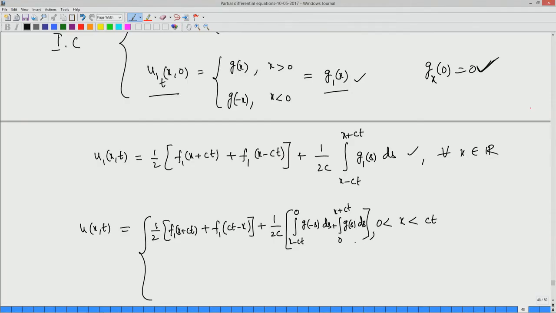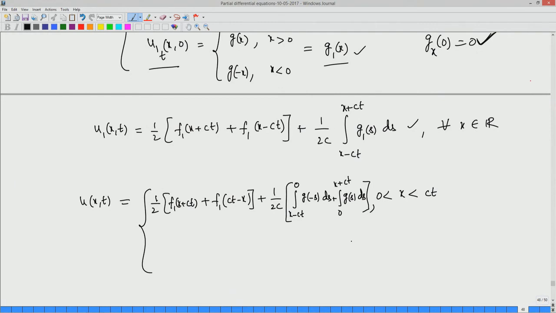So, this is what you have for x between 0 and ct.